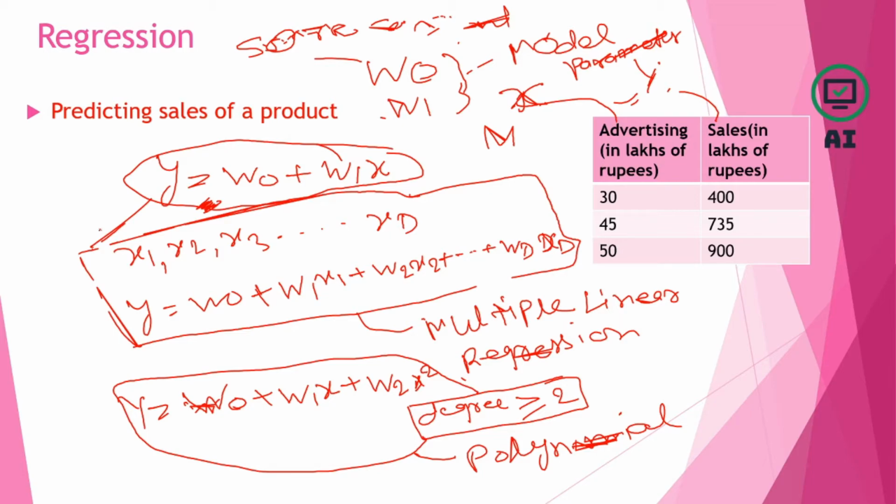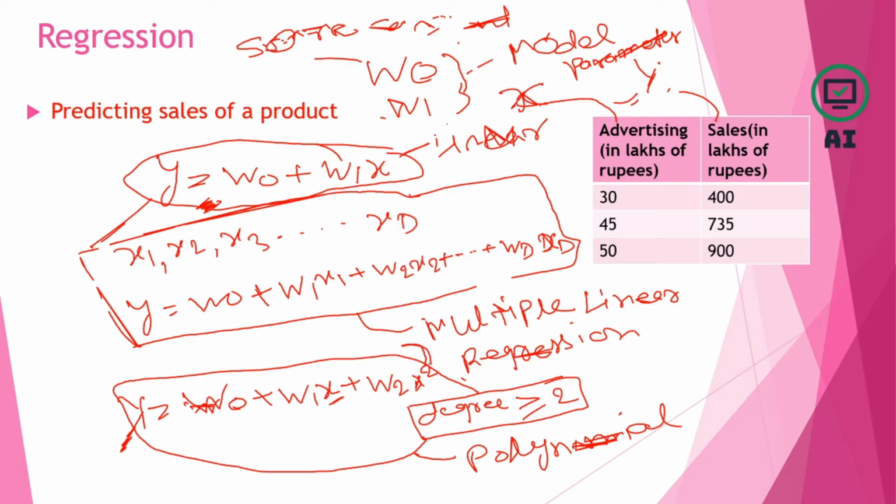Now let's say sales is not linearly related. If sales is polynomially related to advertisement, that means y is a polynomial of degree 2 in x. So you can see here, in this first example, this is simple linear. Here y is not linearly dependent on x, because here it is w0 plus w1x plus w2x squared.